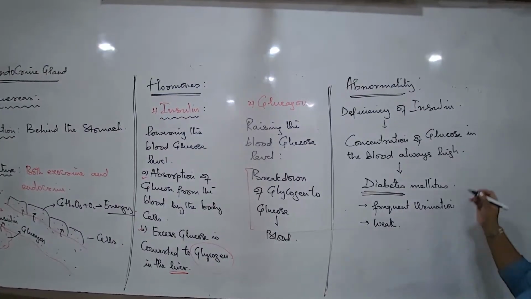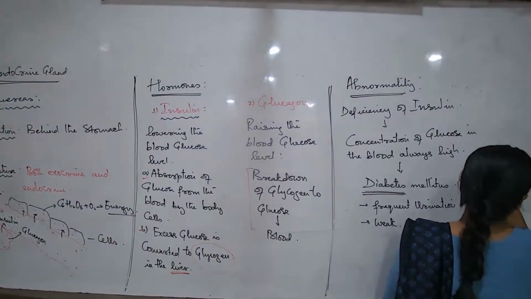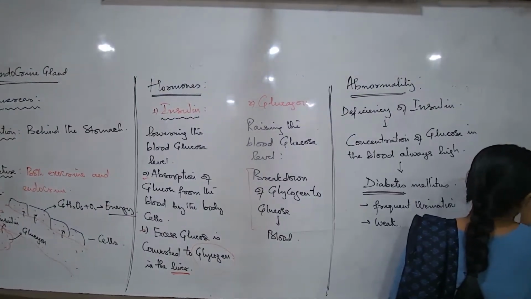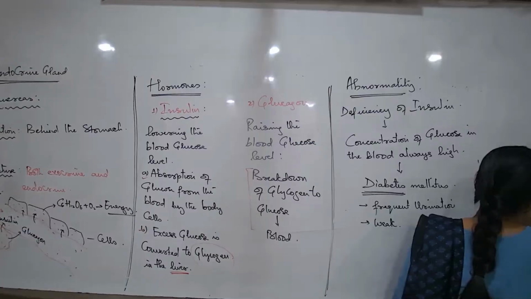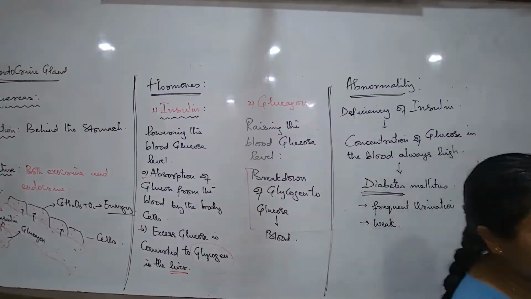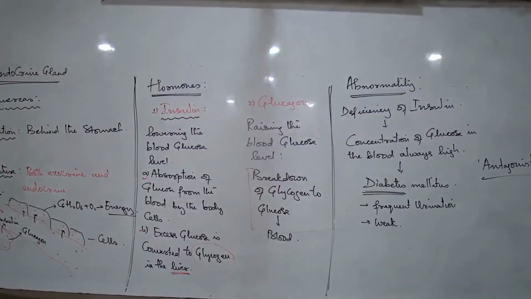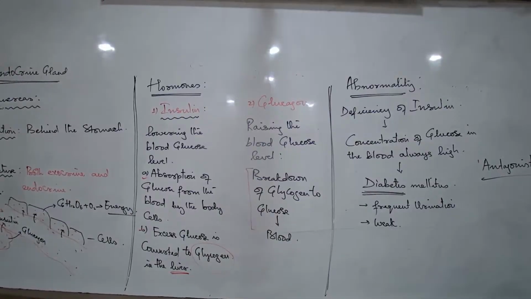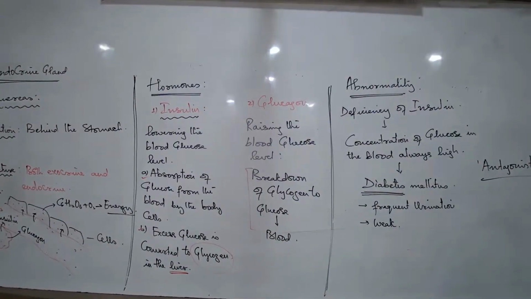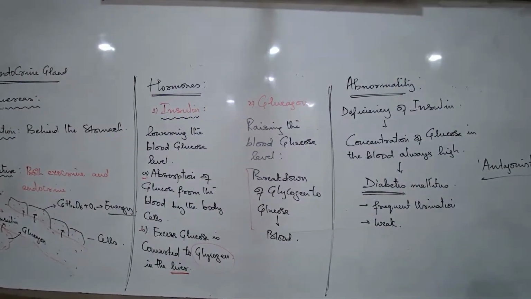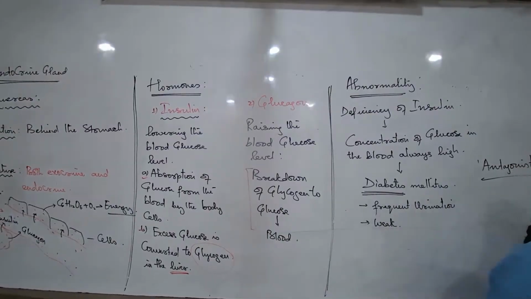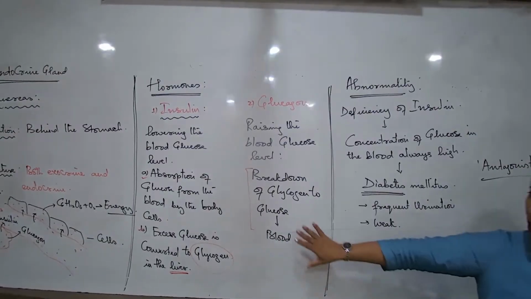Since these hormones have opposite functions, I think there is a question in your volume also. Since these hormones have opposite functions, they are also known as antagonistic hormones. Why are they known as antagonistic hormones? Because they show opposite functions. We'll take one question here: insulin and glucagon. These points you will have to write.